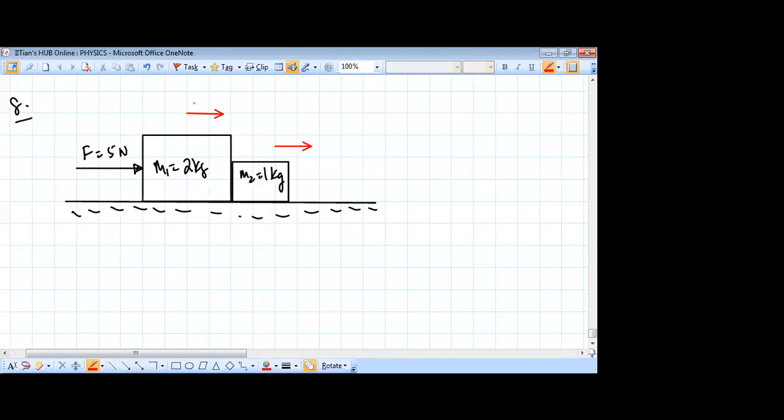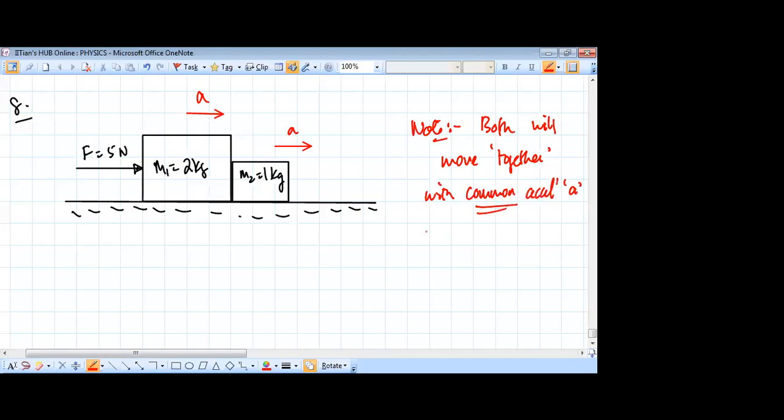So both will move together with a common value of acceleration, because M1 will push M2 with a normal contact force.